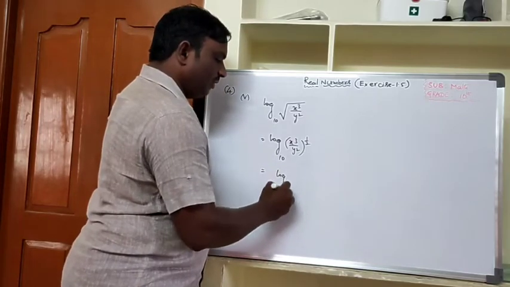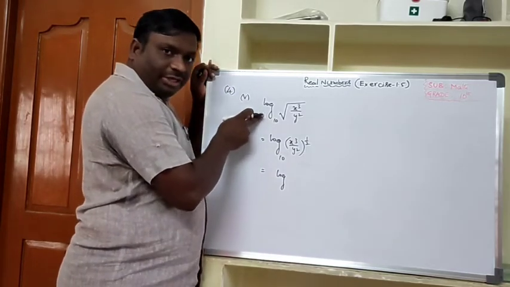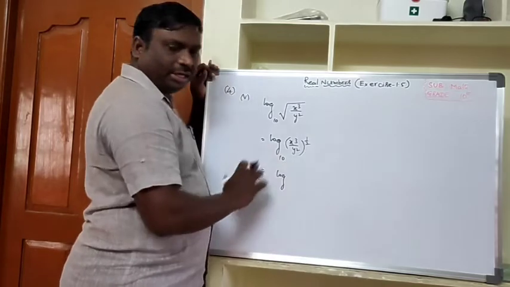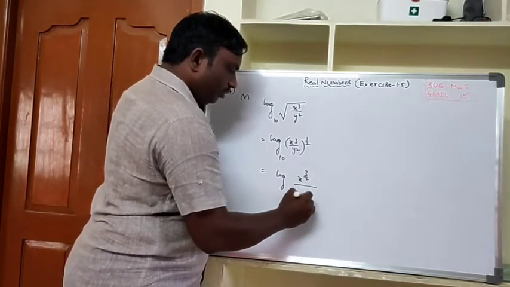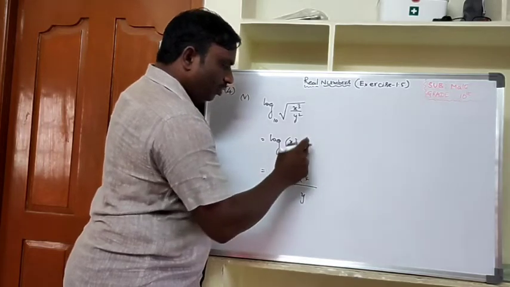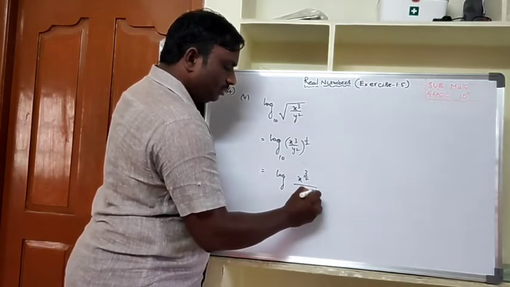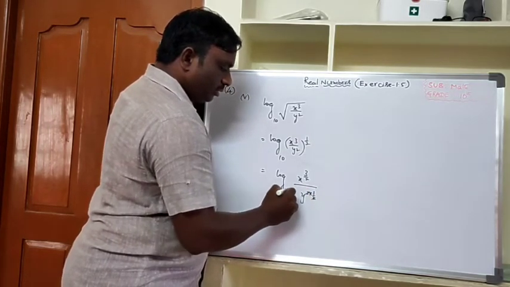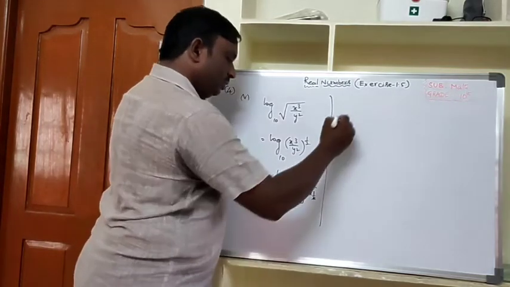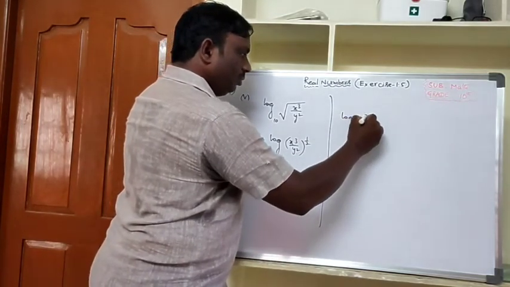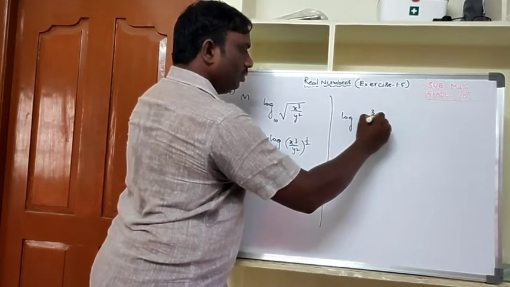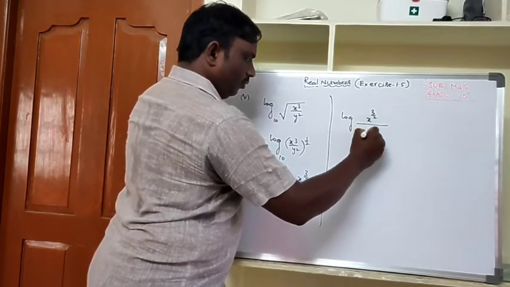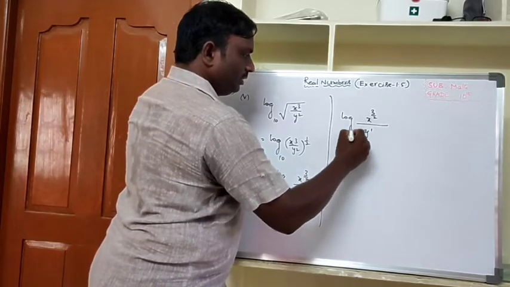This is not a single logarithm. If they give a single logarithm, we have to expand the logarithms. So this can be written as x power 3 by 2 by y power 2 into 1 by 2, which is y power 1, writing base 10 here. So log x power 3 by 2 by y power 1 base 10.